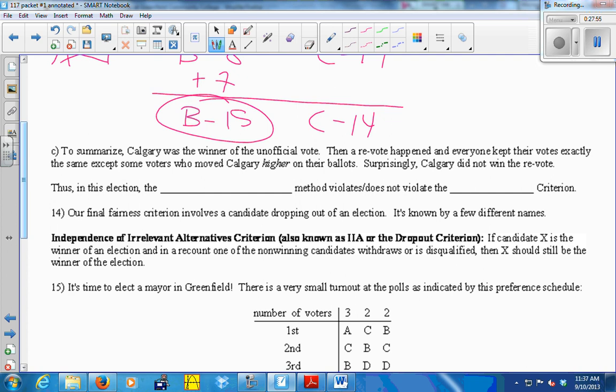So plurality with elimination, that's the method we were using, violates the monotonicity criterion. It doesn't always violate it. It's just possible to rig an election where that happens. So in this election, plurality with elimination violates monotonicity.